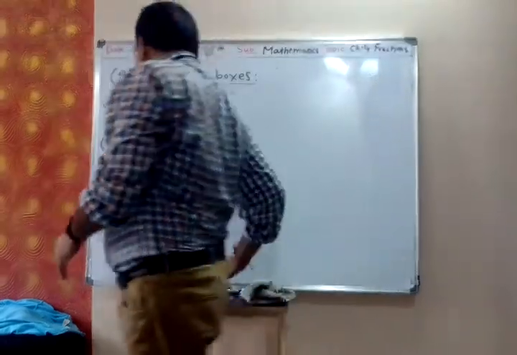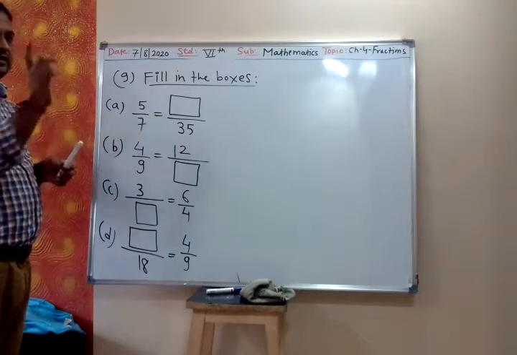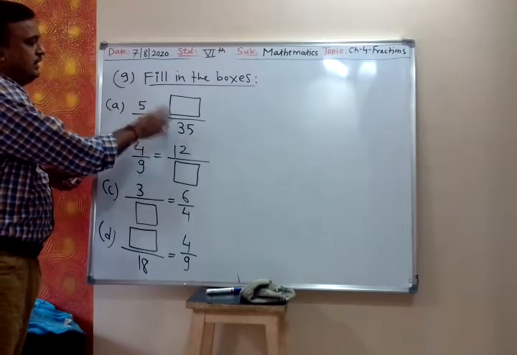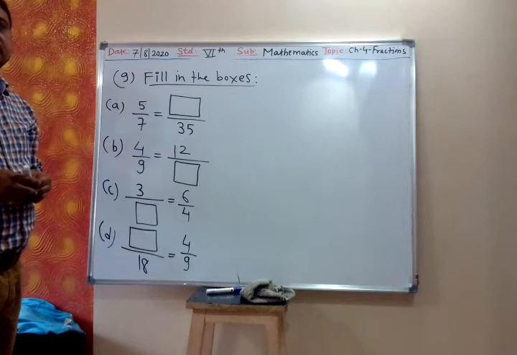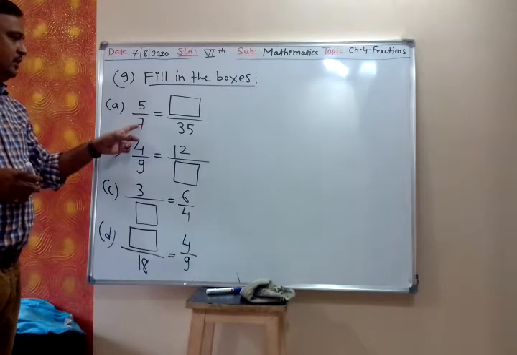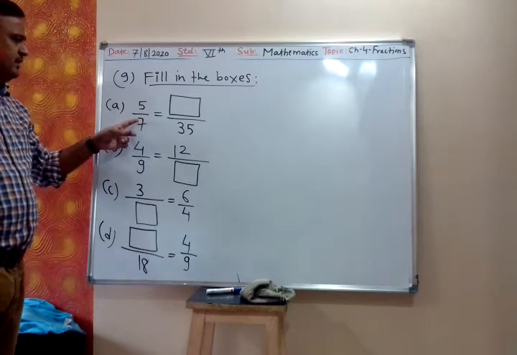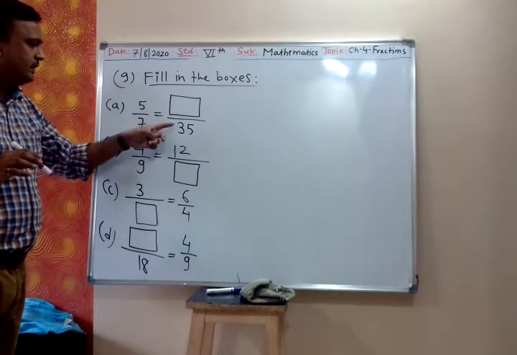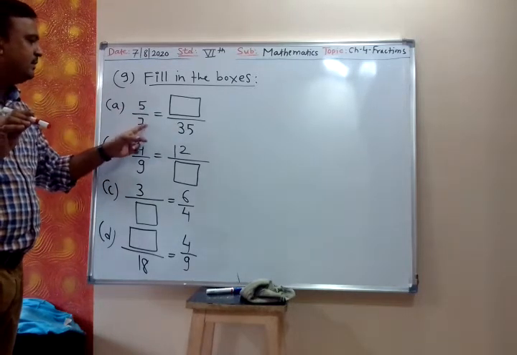Now let us see. Now see the denominator. This 7 becomes 35. 7 becomes 35 means I have multiplied 7 by 5.